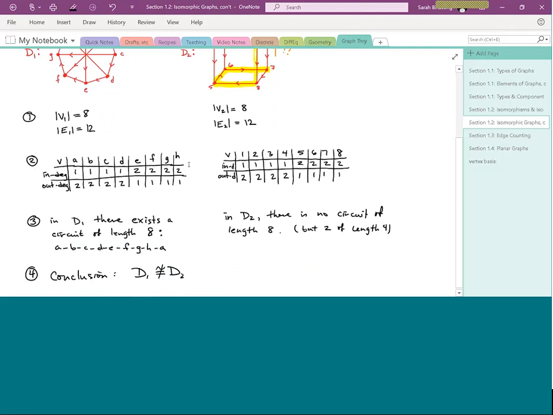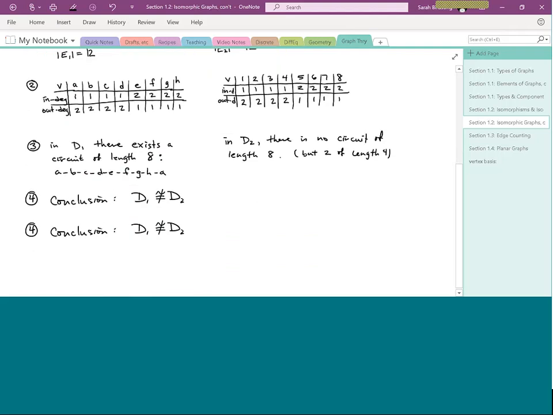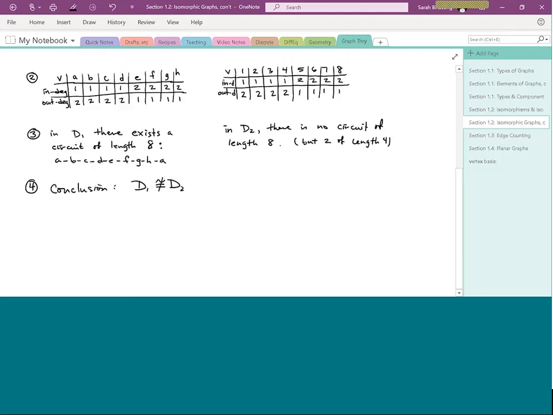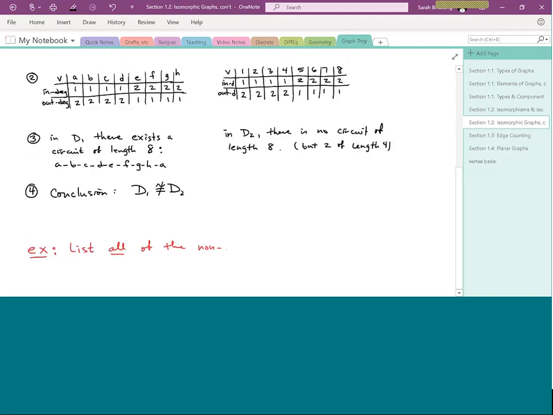All right. So next question. Let me pull this up so we can see where the question starts. The next question asked us to do the following. List out all of the non-isomorphic simple graphs, and often people won't bother with the word simple here.